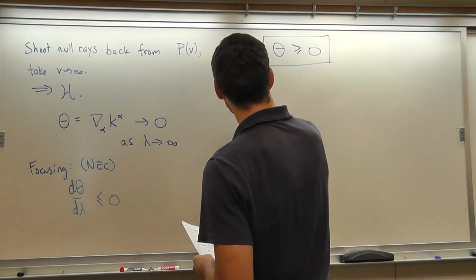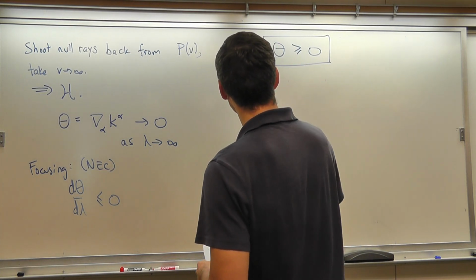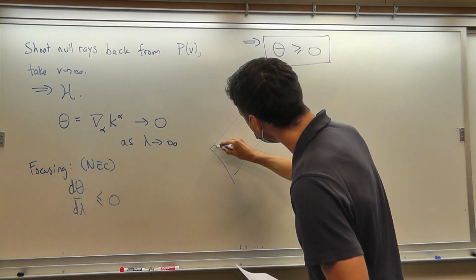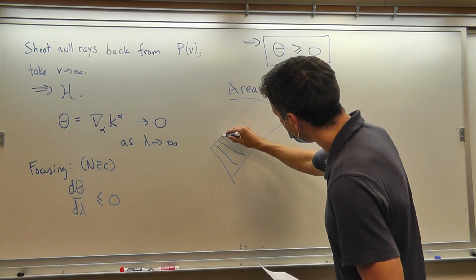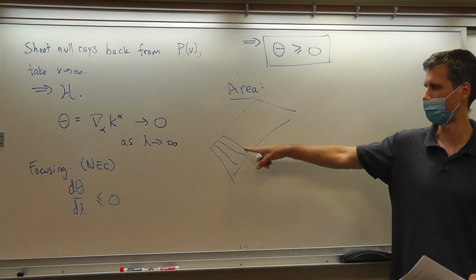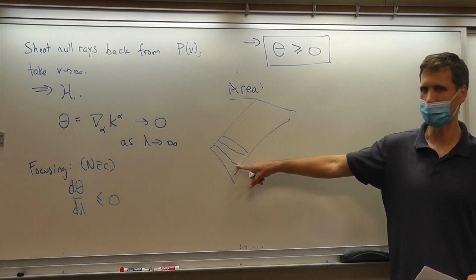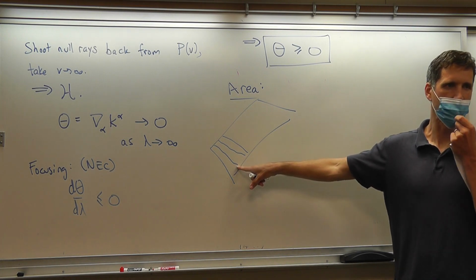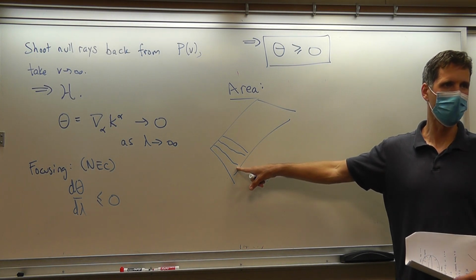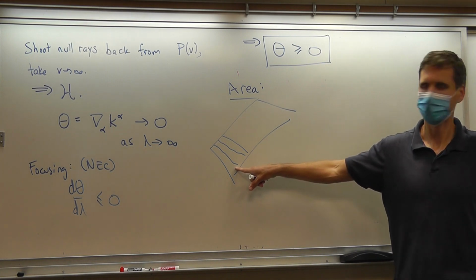Now if we want to relate this to the area: the area of the horizon is a function of time. Each one of these curves is what you think of as the physical area of the black hole. It's a codimension 2 area, or a 2-sphere in Schwarzschild.